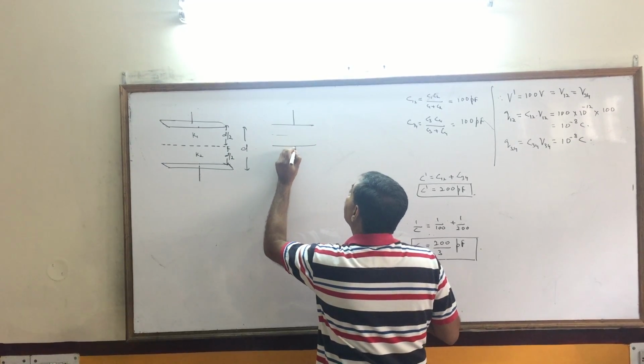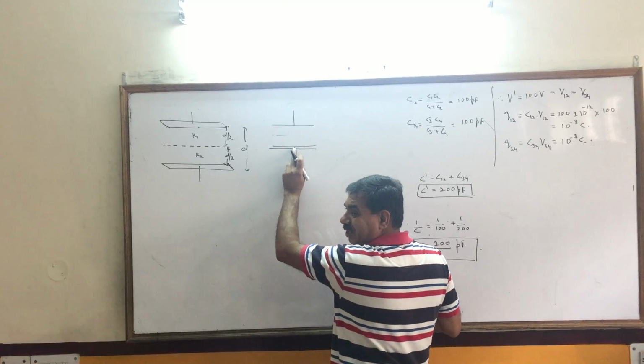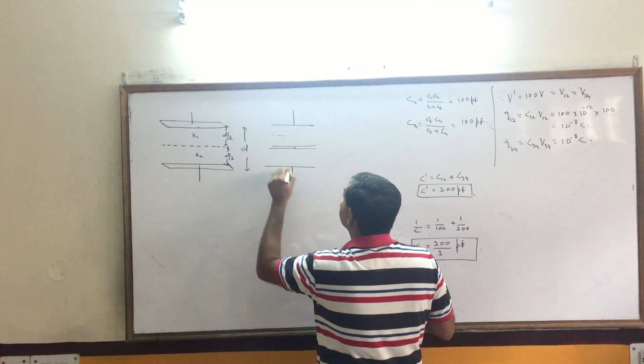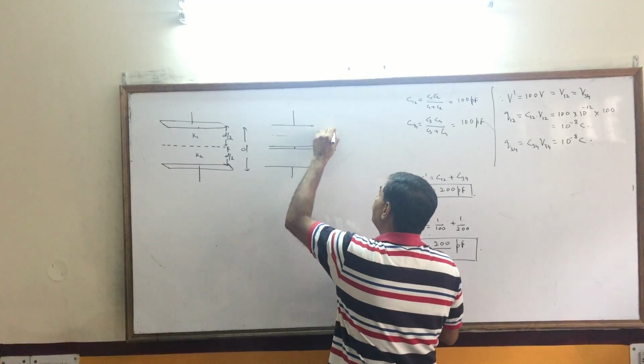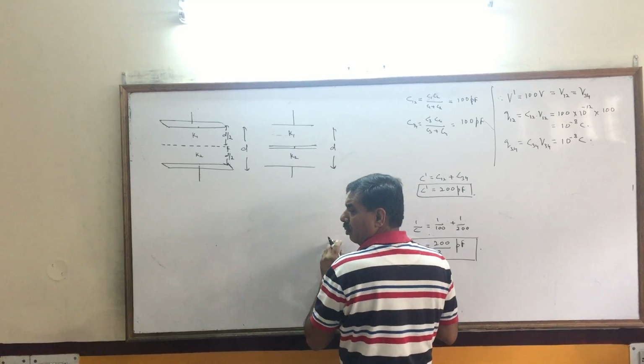This zero gap, the gap approaching zero, and this. ये बन गया. ये सेपरेशन पूरी दी है. ये K1 है and ये K2.